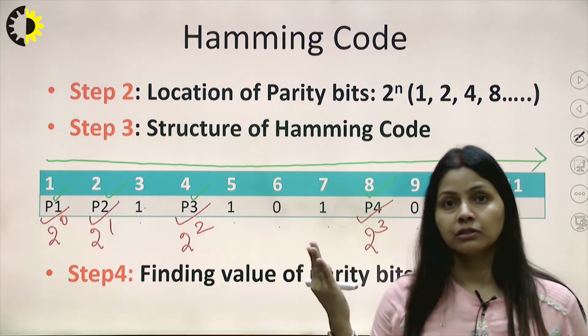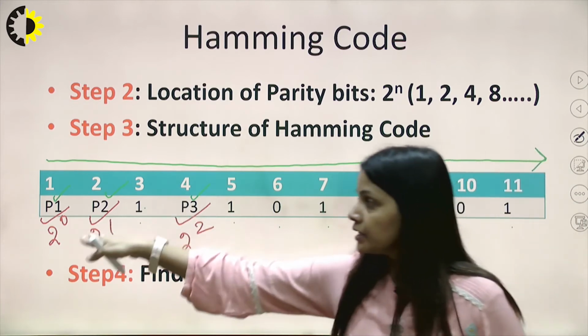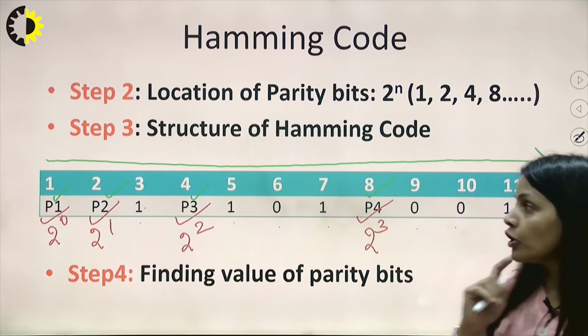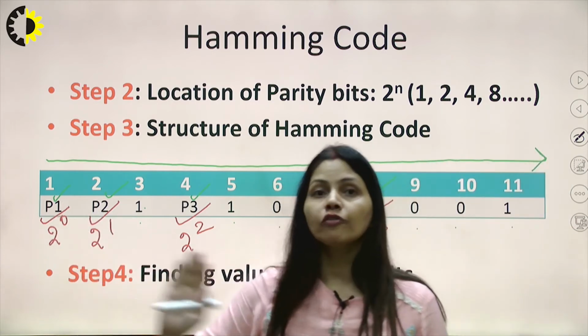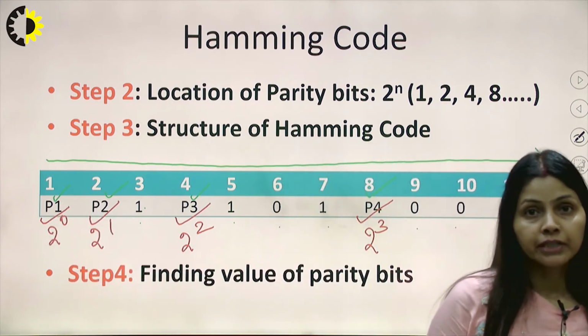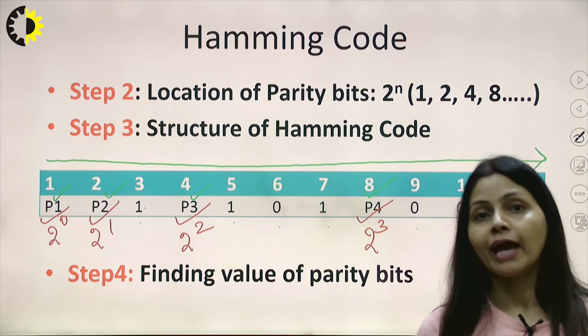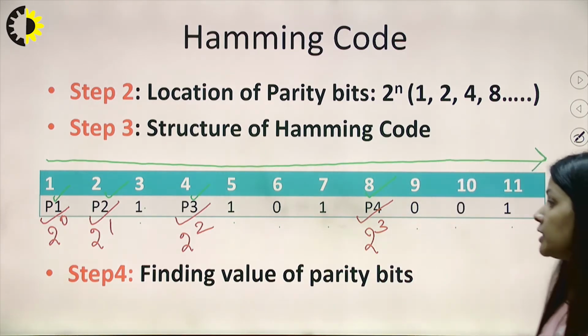Okay, after getting this, now I want to find out what are the values of these parity bits, that is for P1, P2, P3, P4.